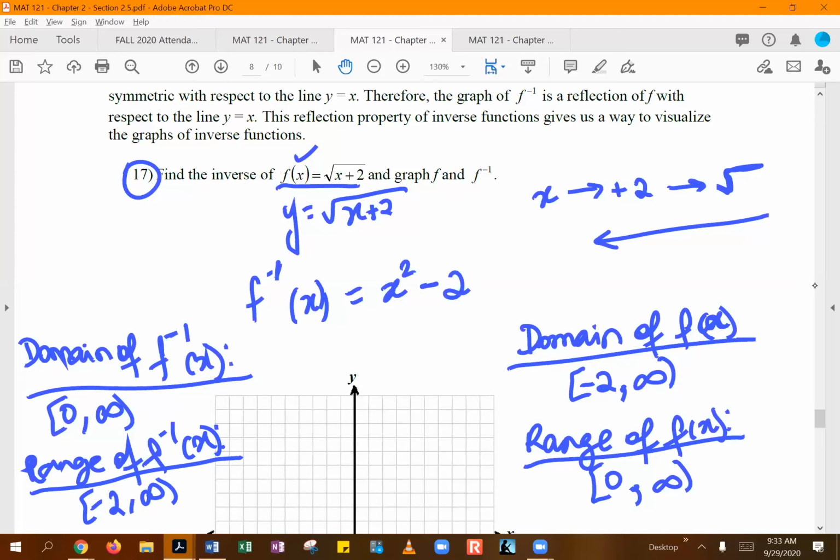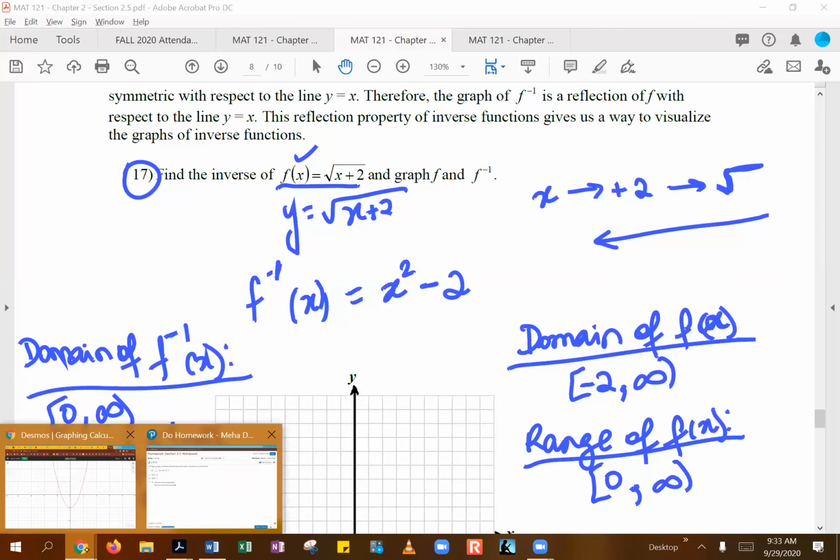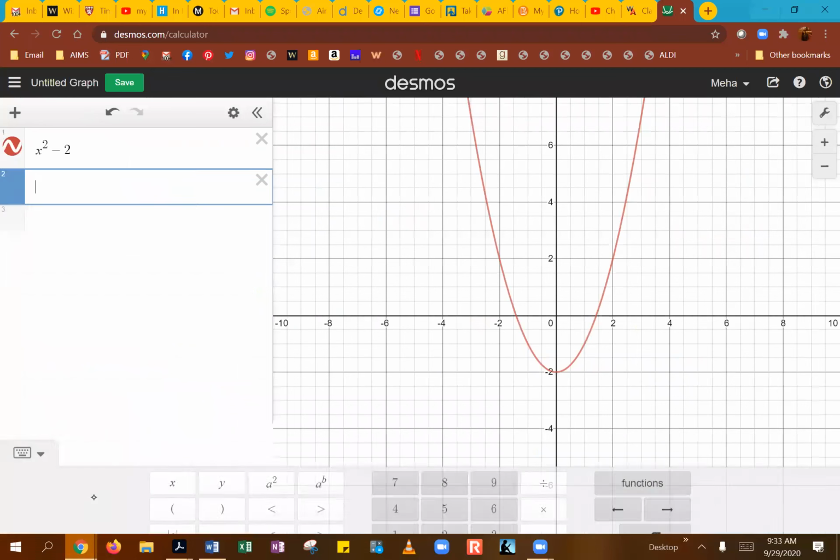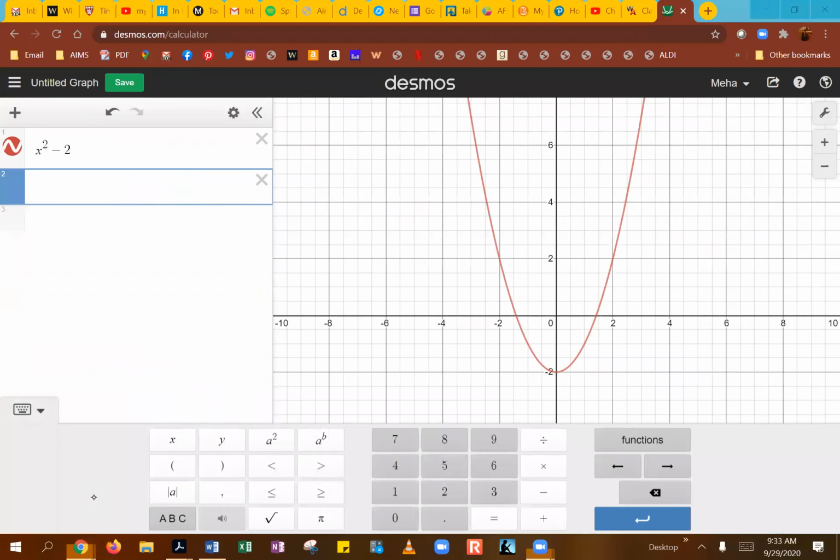So let me show you on the graph what happens when we try and graph both of these functions together. So let's do, for our second function, the square root of x plus 2. There's our square root of x plus 2.